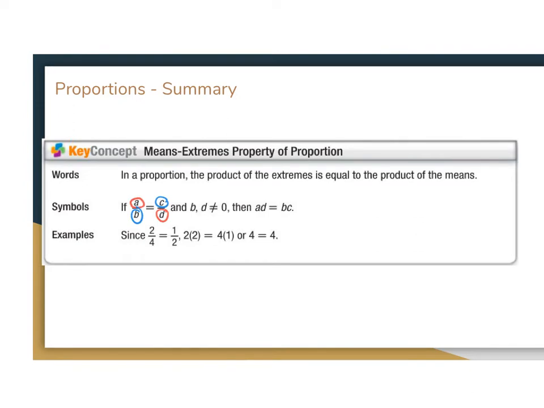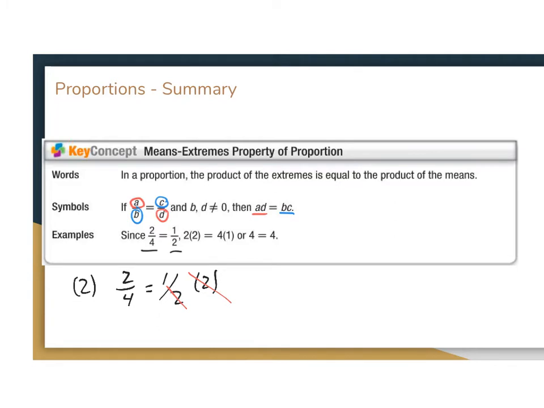And those two equal AD and BC. For example, if we have 2/4 is equal to 1/2. If we are to show our work, we can multiply first both sides by 2. We see that this 2 cancels out with the 2.